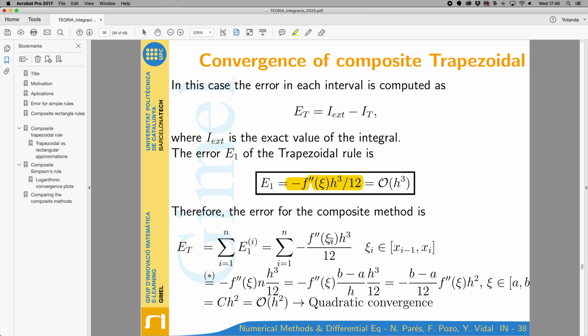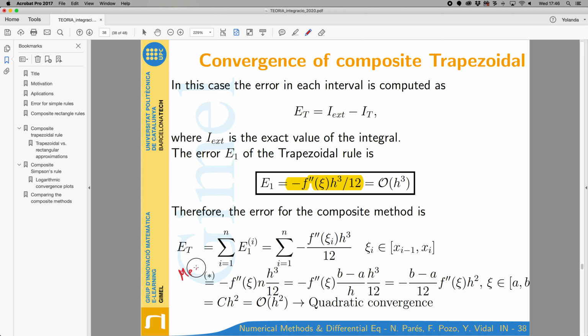So again, this is substituted by this formula, where now this psi is different in each subinterval. It lives inside each subinterval, but again, we can use the idea of the mean value theorem. So here we are using again the mean value theorem. Let me try to write that down here.